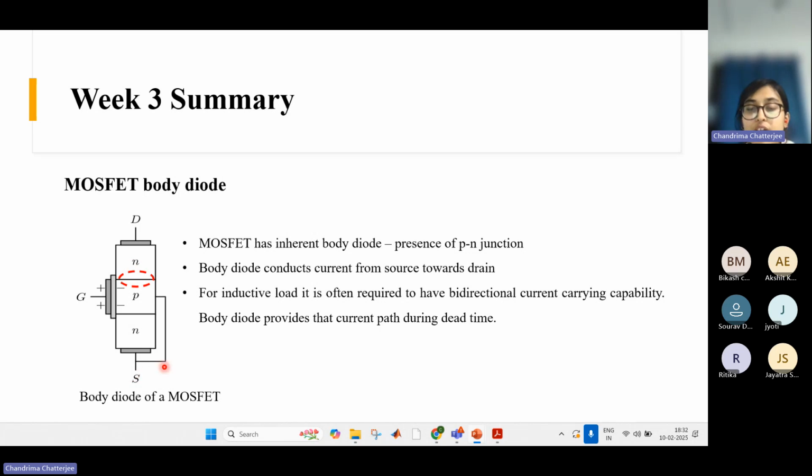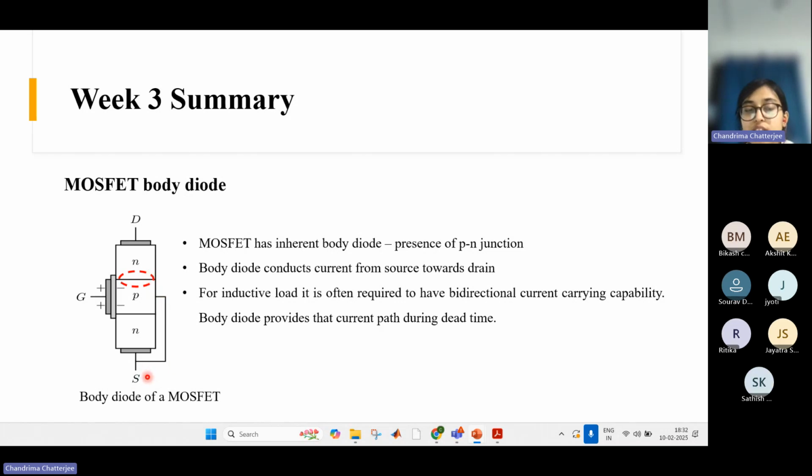Because for a diode there is no control signal. If the diode is forward biased, then the diode will start conducting. So if the source is positive with respect to the drain, then this junction gets forward biased and current can flow from source to drain. Right?